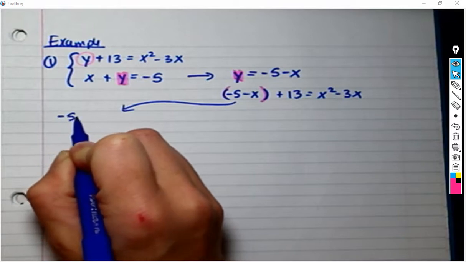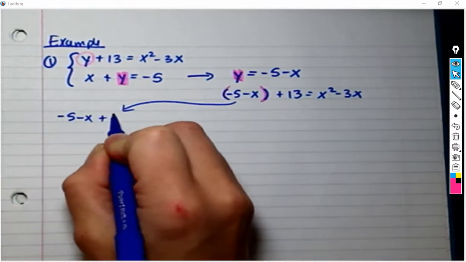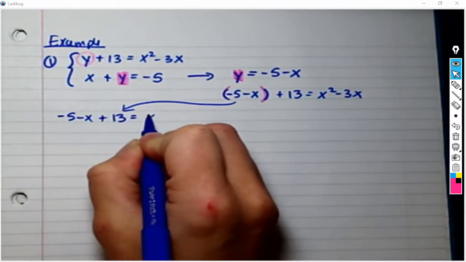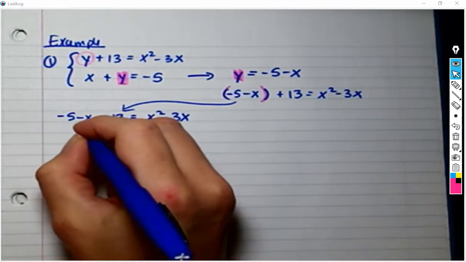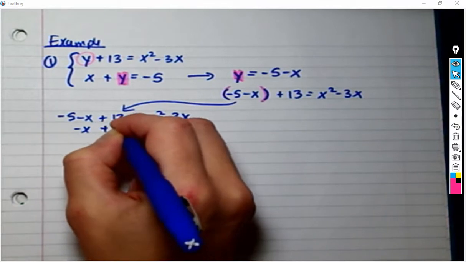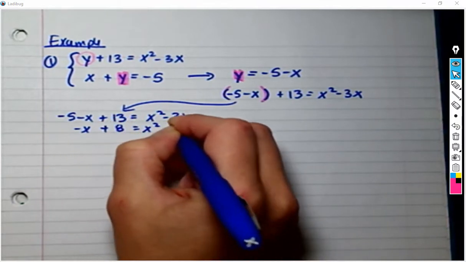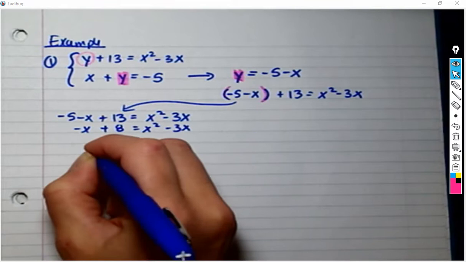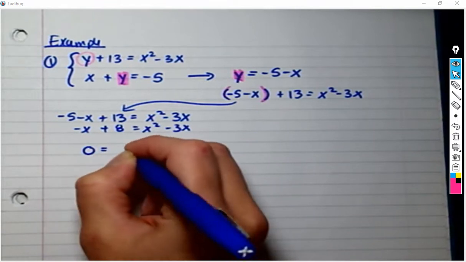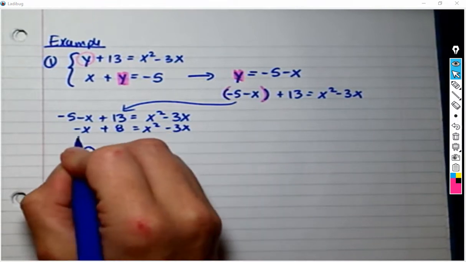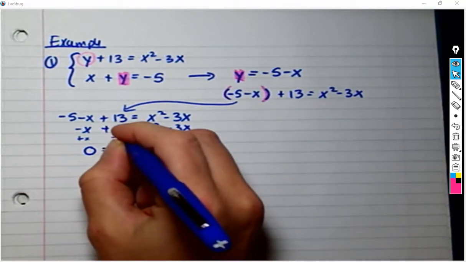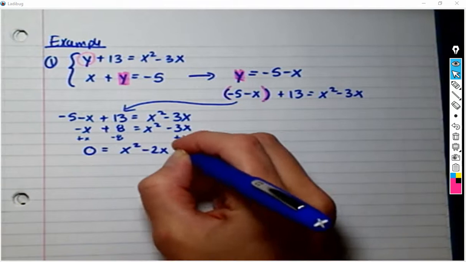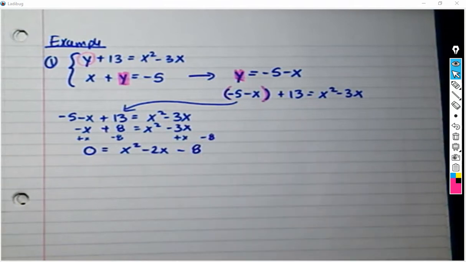I'm going to start by getting rid of these parentheses because I don't need them. Start combining some like terms. And let's put a 0 on one side. Okay, there we go.